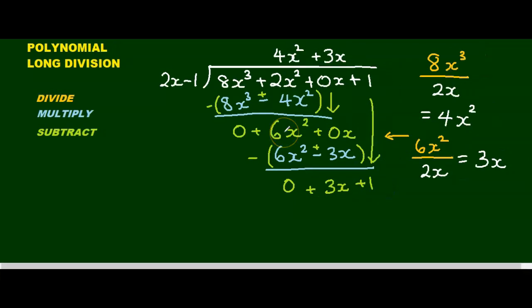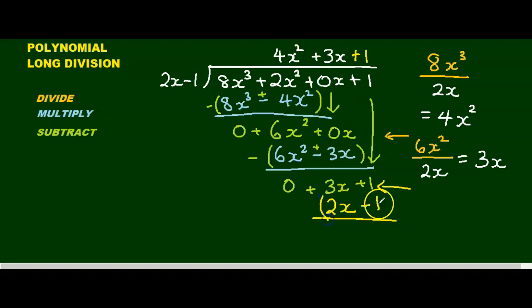Now this final step is a little bit different because we have 3x here and 2x there. It doesn't divide nicely, so we're going to put a 1 here and do 1 times 2x gives me 2x. 1 times negative 1 gives me negative 1. Then we're going to subtract.